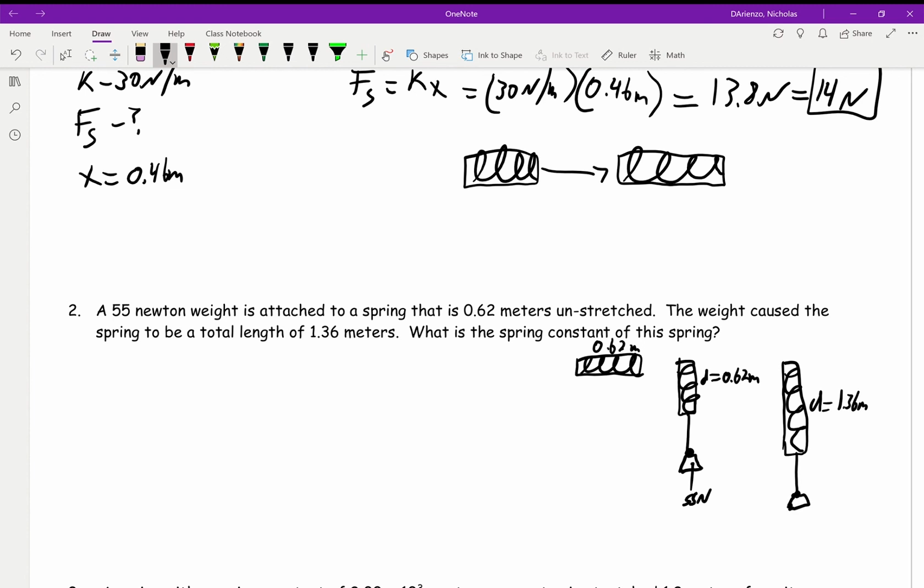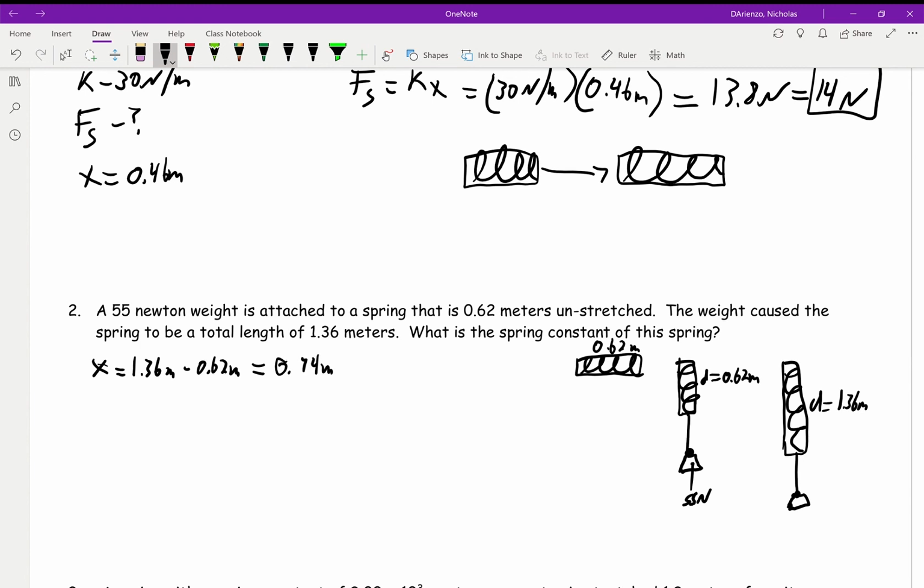That's going to cause that spring to elongate. So we can figure out what our elongation is here by looking at the final measurement of 1.36 meters and subtracting the equilibrium position. This will give us the displacement of the spring of 0.74 meters.